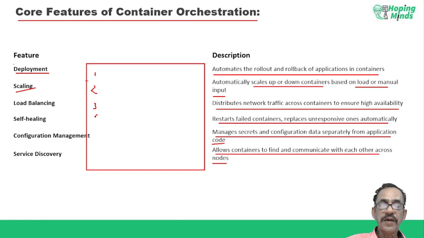Everything is a different process of the same application. Sorry for the writing and drawing, not so perfect. So you can deploy the same application with different code. This particular container is responsible for billing, this is for stock management, this is for the delivery process.